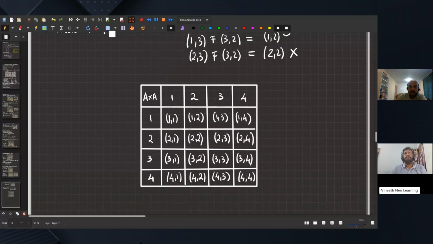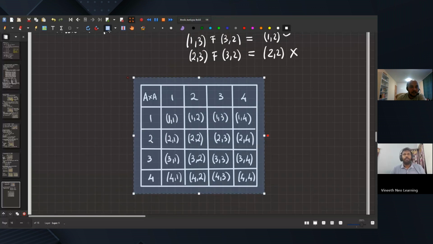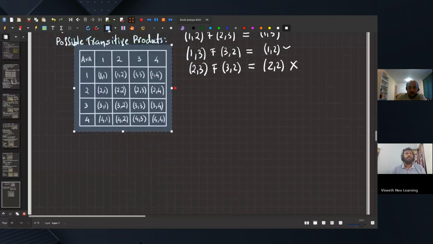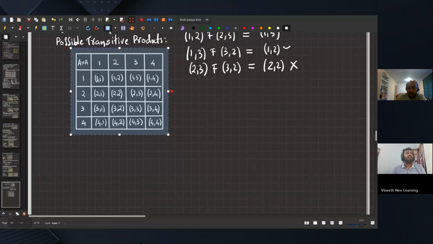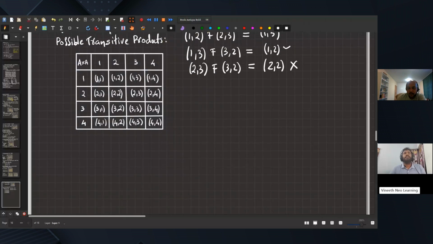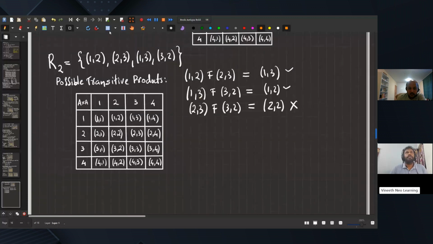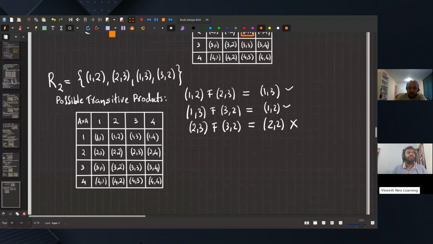So let's use the same box. Let's look at the possible pairs. Here (1,2) is present, (2,3) is present in the relation, (1,3) is present, and then (3,2) is present.